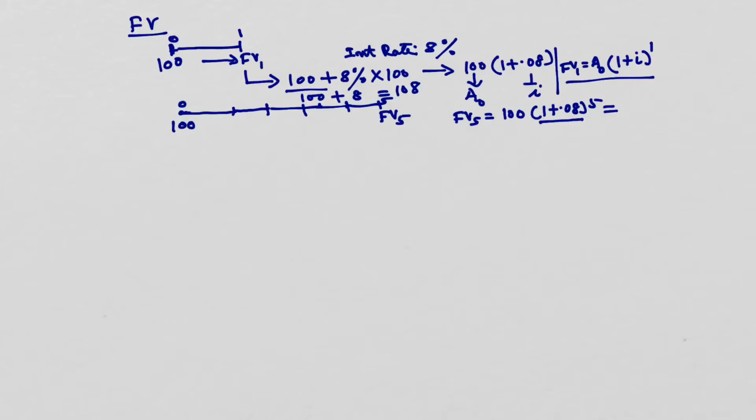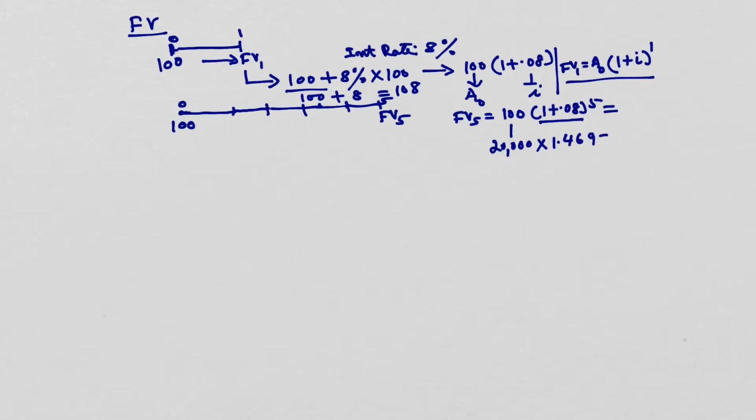Now, let's take another example, where instead of 1,000, the amount is 20,000. Here, 1.08 raised to 5, if I use a scientific calculator, this factor is 1.469.